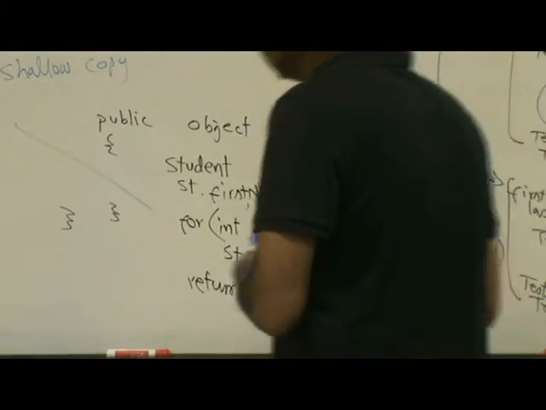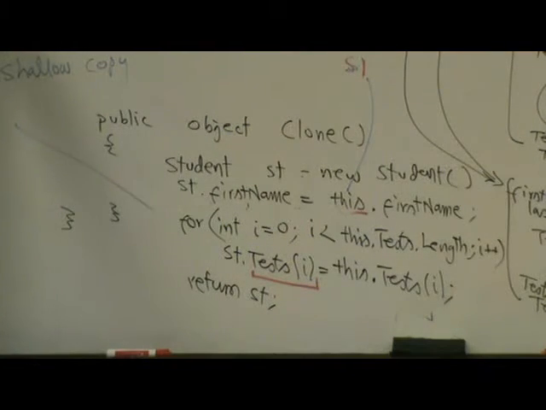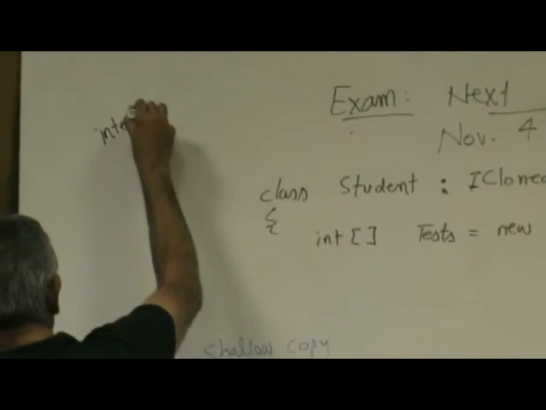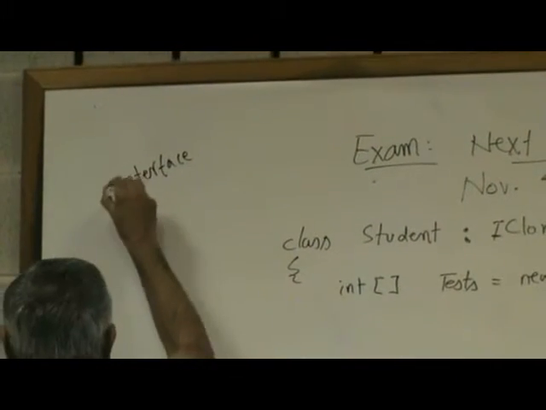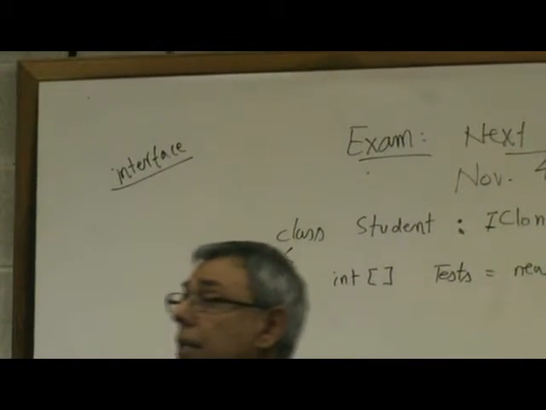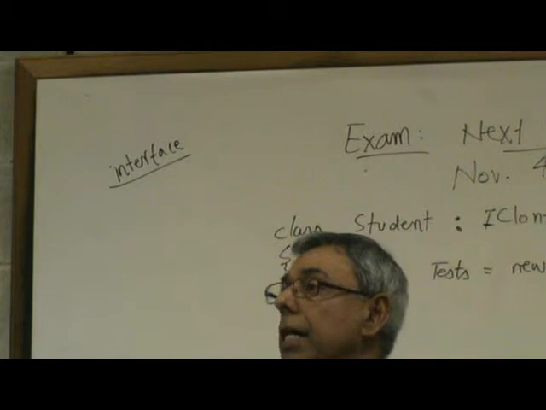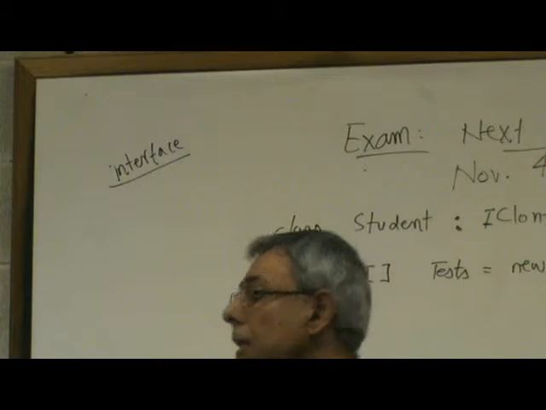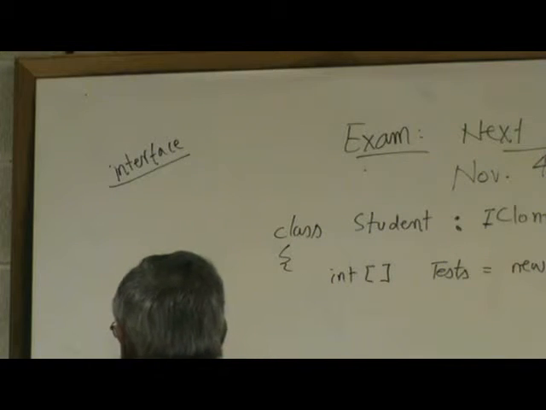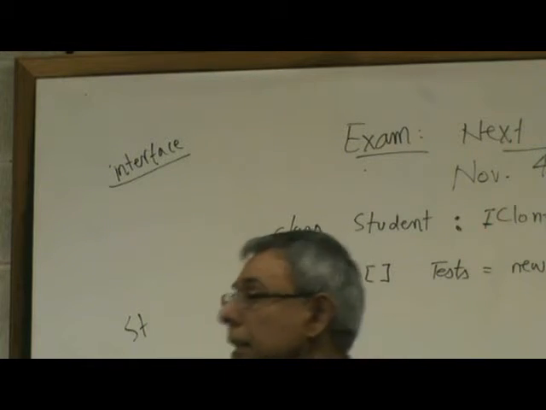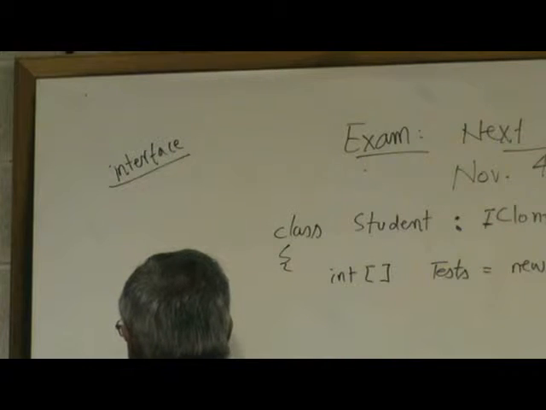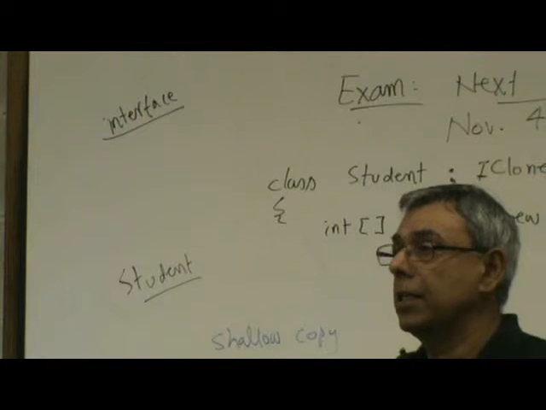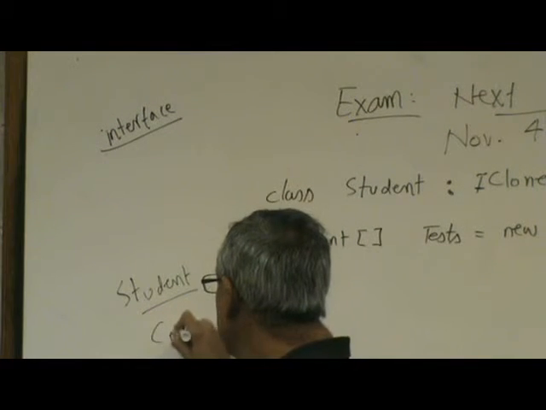See, the answer lies in, like I was saying, if you create a class, and before you create a class, if you define an interface, it sort of standardizes how your class will be used. Okay. So for example, let's say we don't write the interface. Okay, you create a student class, and rather than calling it a clone method, you may decide, oh, let me call it a copy method.